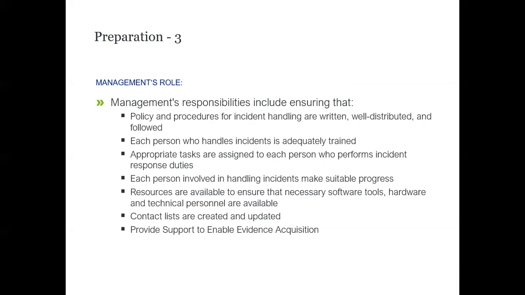Appropriate tasks are assigned to each person who performs incident response duty. Like your firefighting team who is handling the fire related incident, they must be properly trained. The tasks are assigned to the persons who are responsible to fight against the fire.